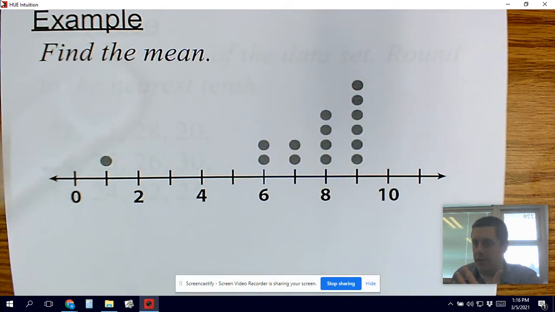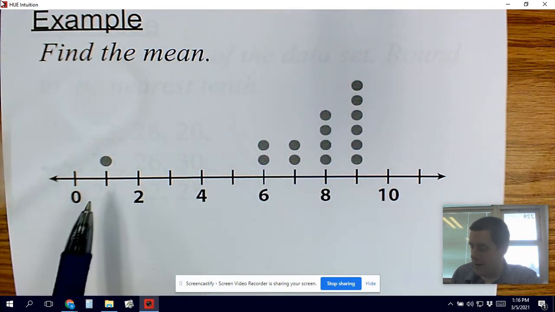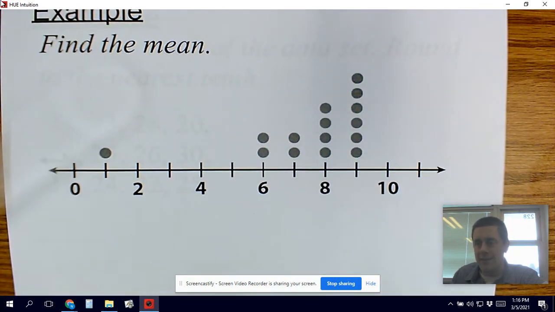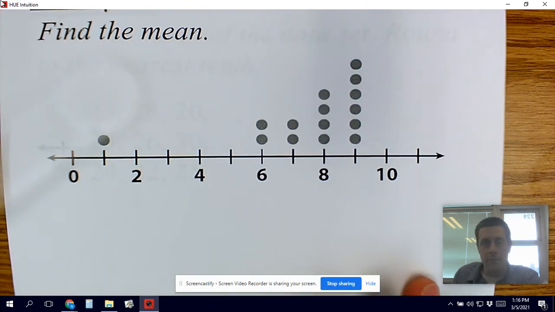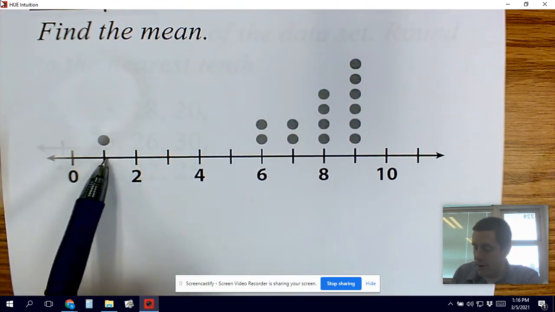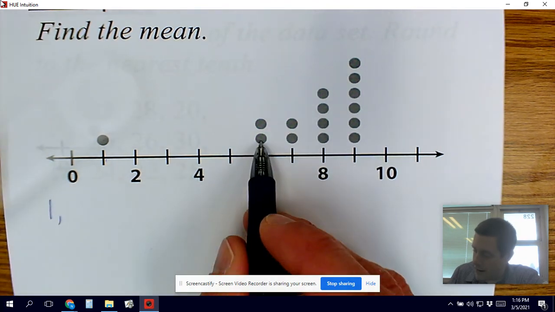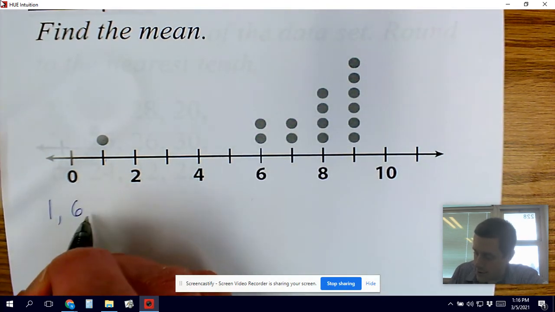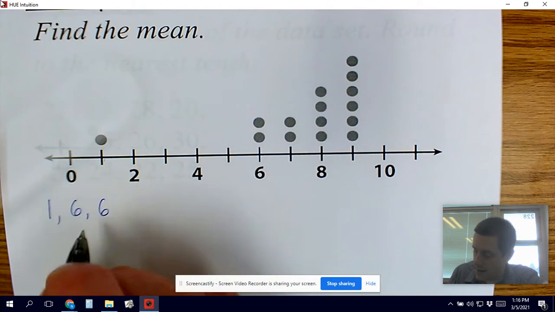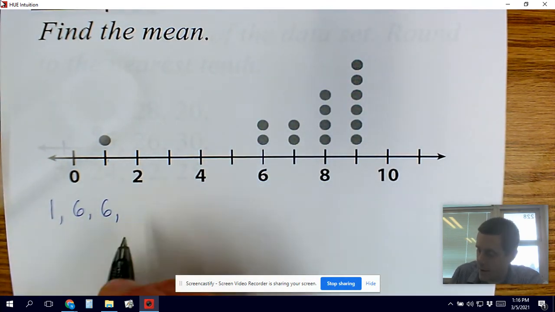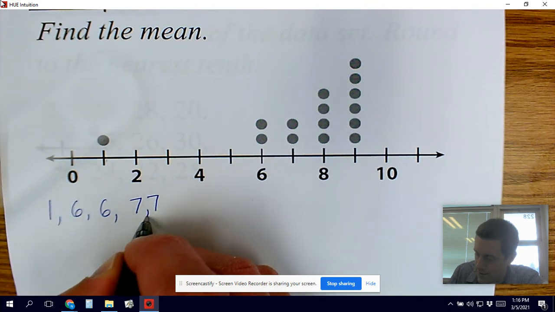Now, this dot plot is just a visual representation of a data set. So the first thing I want to do before I calculate the mean, let's actually get the numbers represented by this dot plot. Well, I have one dot above 1, so that's a data point of 1. And then I have 2 above 6, so there are 2 6s. And then I have 2 above the number 7 on the number line, so there's 2 7s.